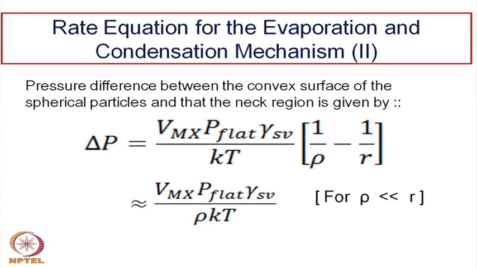So this becomes 1 by rho only, 1 over r can be neglected, and that becomes equal to this term multiplied by 1 over rho. That is what you get here.